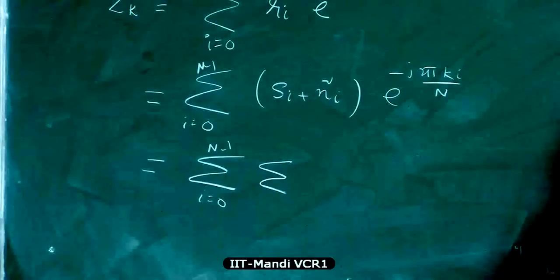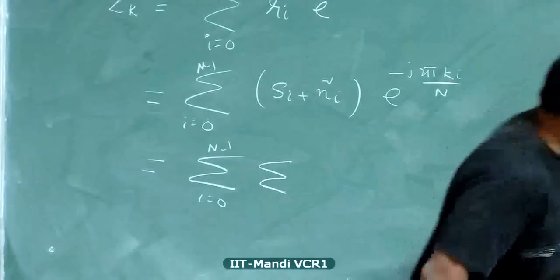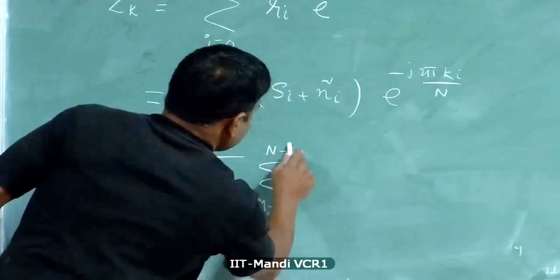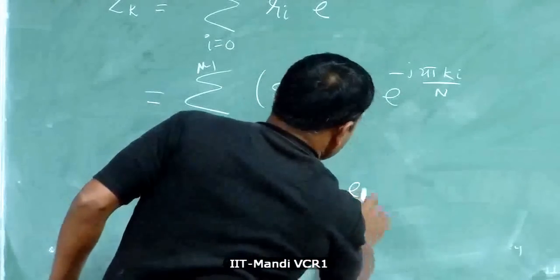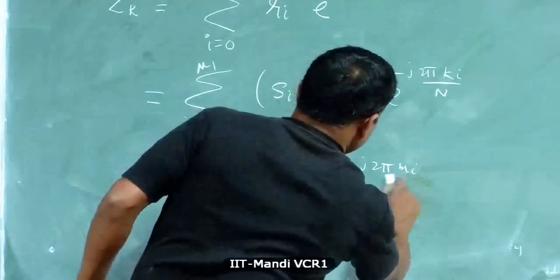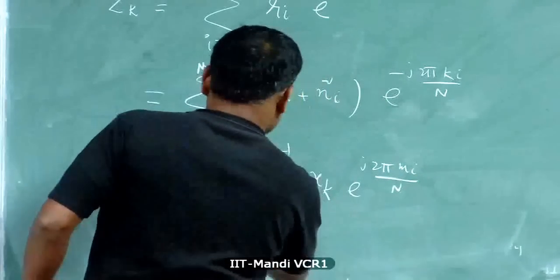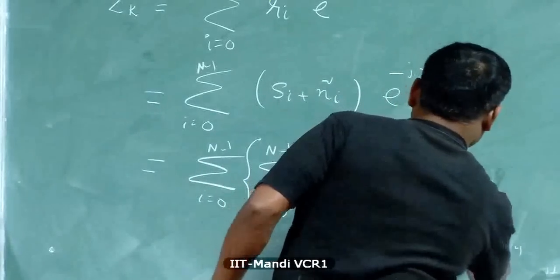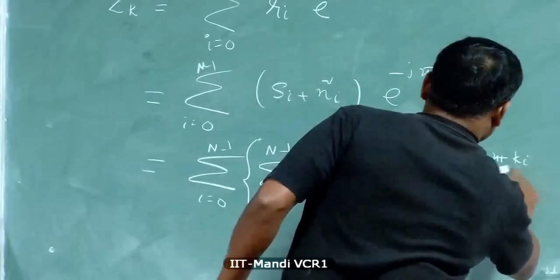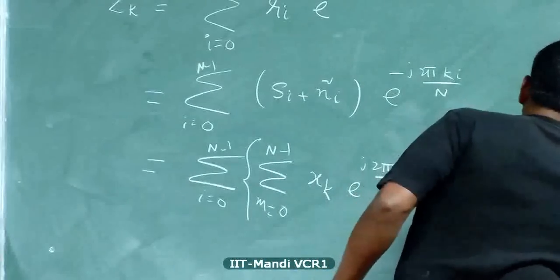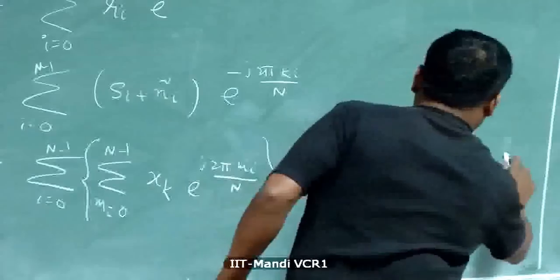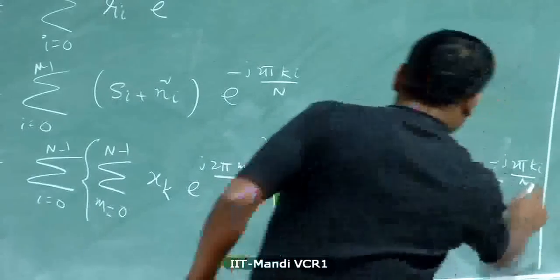You'll see that will avoid certain confusion. So summation over m equal to 0 to N minus 1 of X of m e to the power of j 2 pi m I by N, plus, well, I'll bring in the exponential here, e to the power of minus j 2 pi k I by N, plus n tilde of I e raised to minus j 2 pi k I by N.